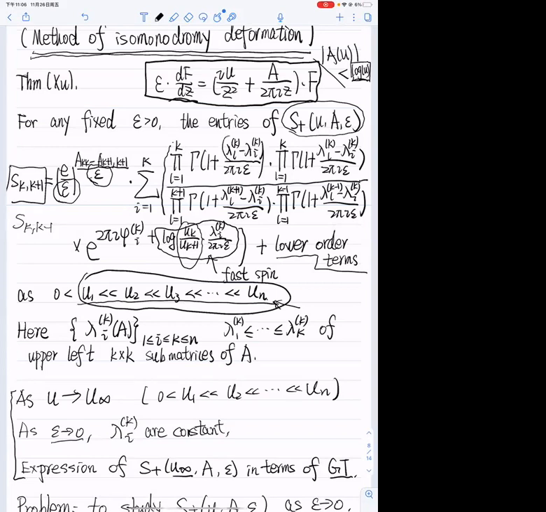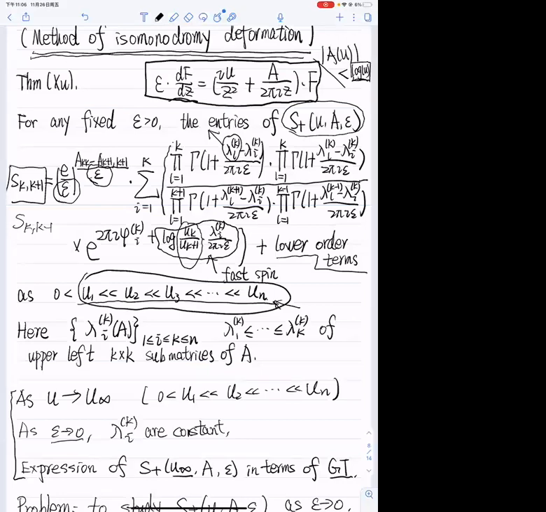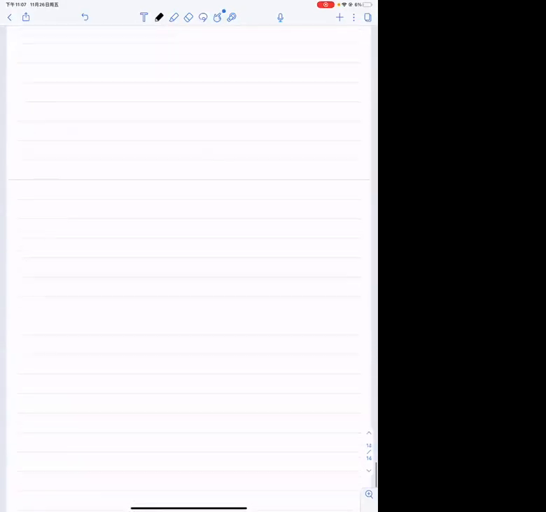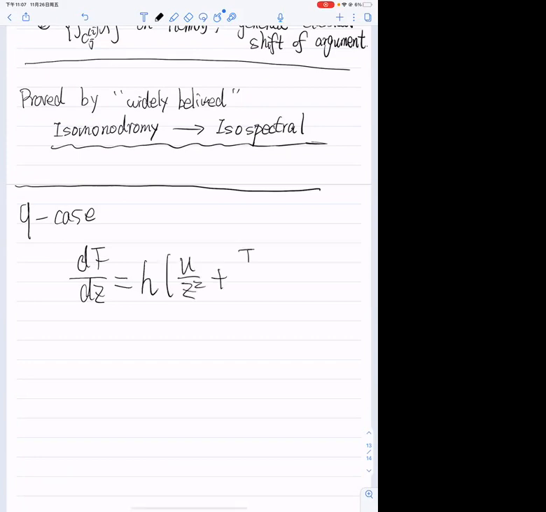Each of these lambda then becomes the weight of your representations. So basically, in the quantum case, you simply take this KZ equation, then you compute the Stokes matrix.